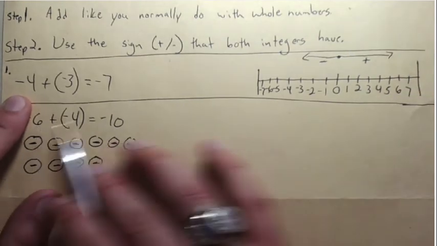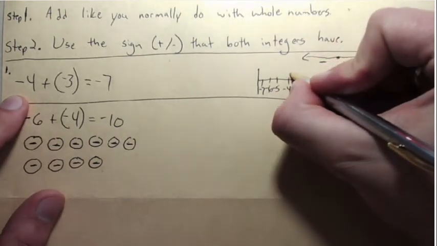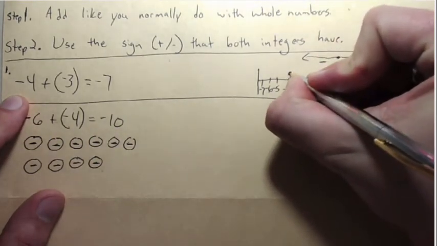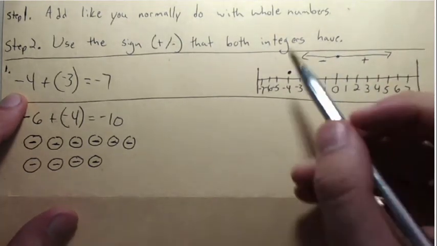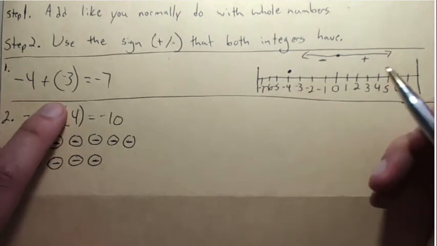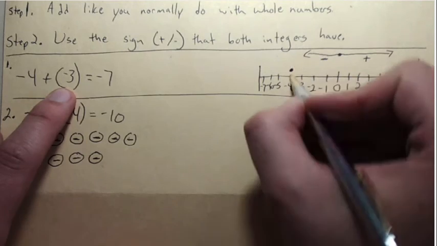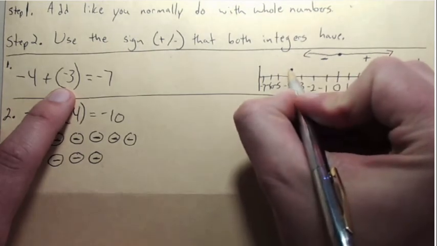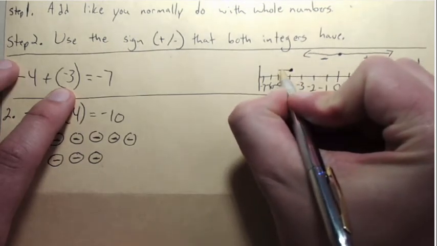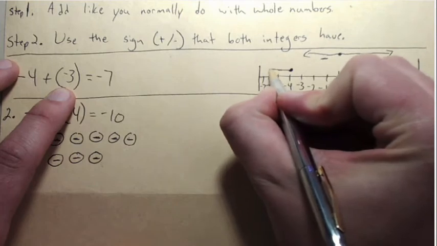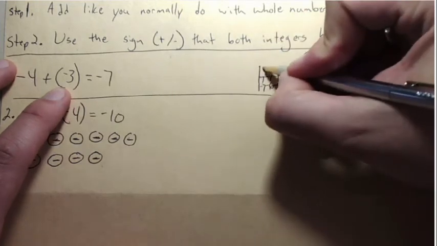Okay, so number 1, we started with negative 4. So what I'm going to do, I'm going to put a dot above negative 4. Then I'm going to add negative 3 to it. So if I draw a straight line across, there's 1, 2, and 3.